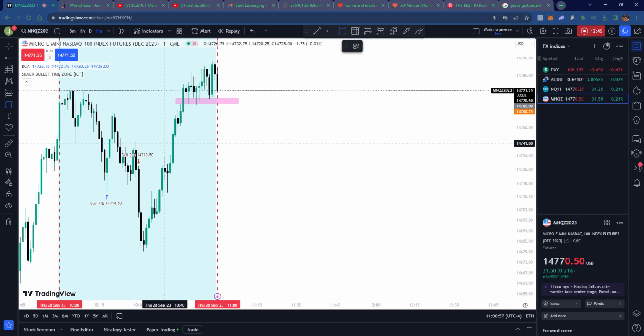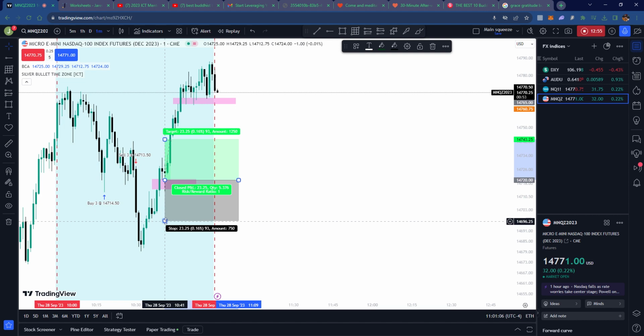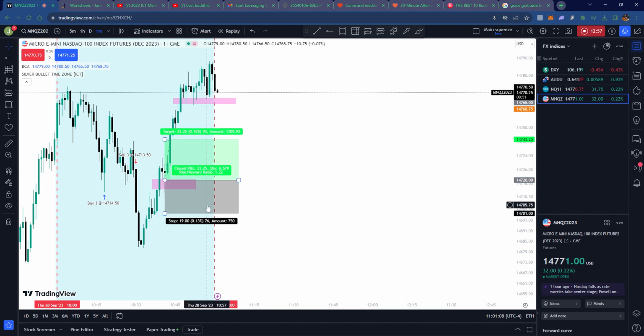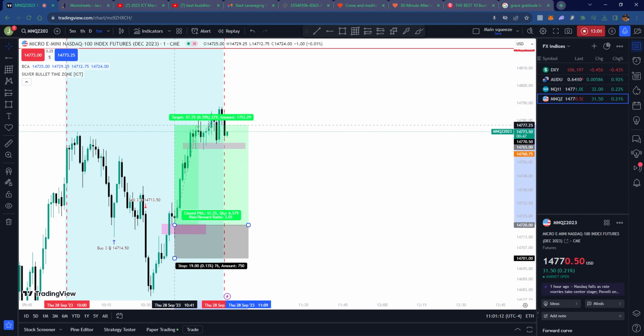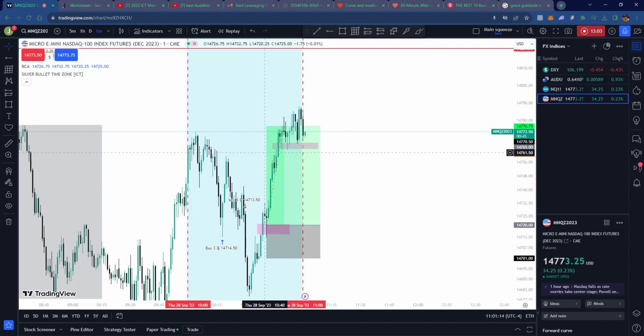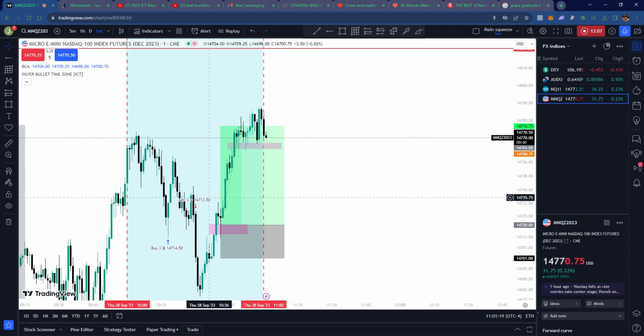But also there was another one here that got tagged up, and we were bullish at this area, so it wouldn't have been a bad idea to take this. You would have put your stop here, so a moderately pretty decent stop, and 1 to 3, and you would have gotten right at overnight session high.